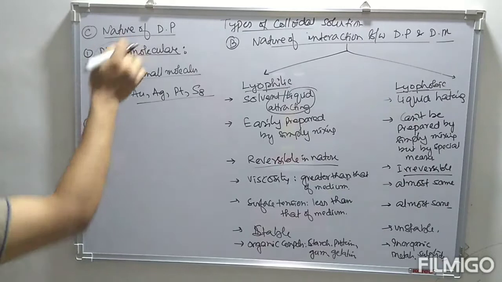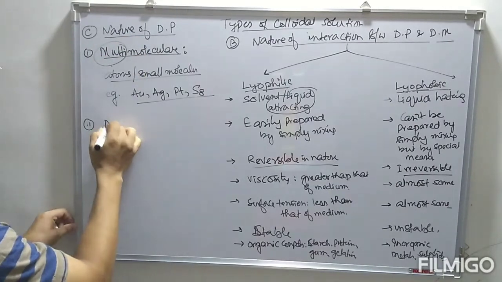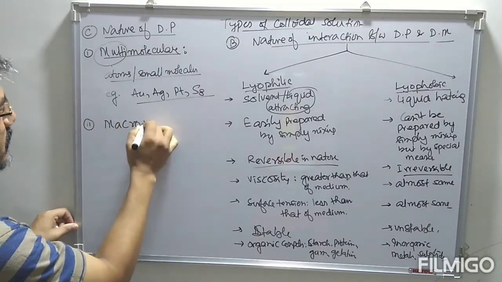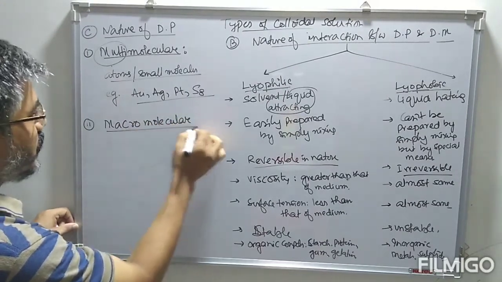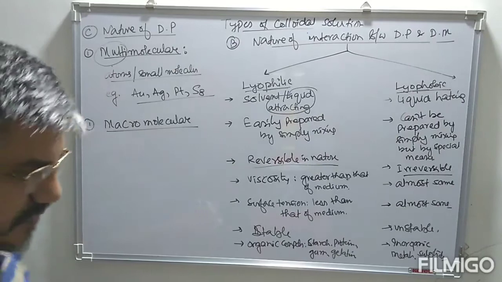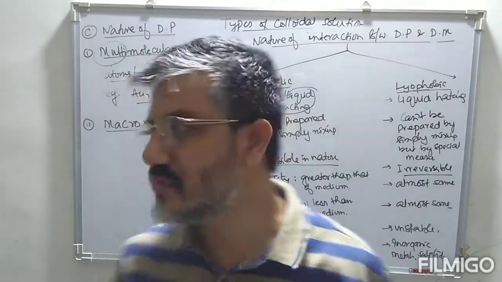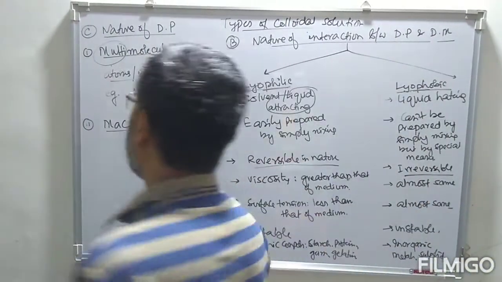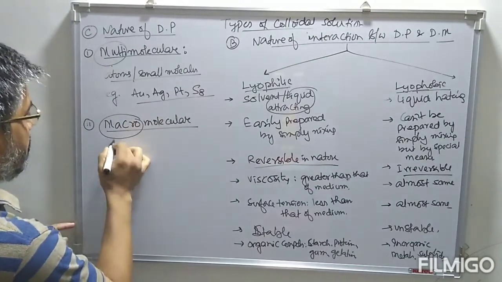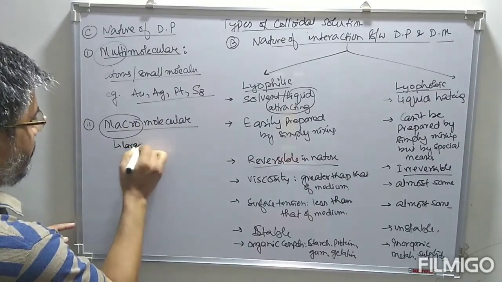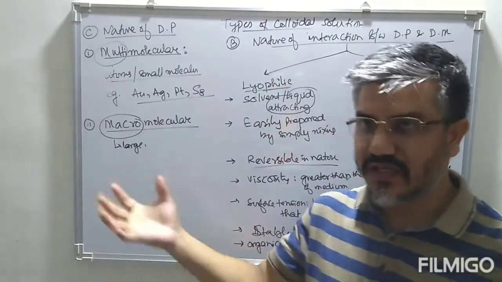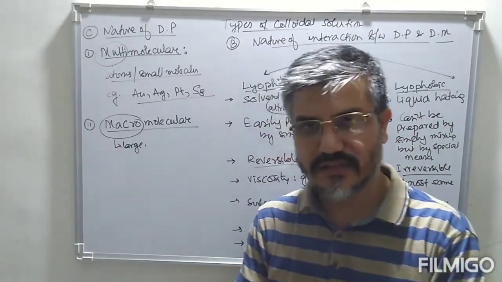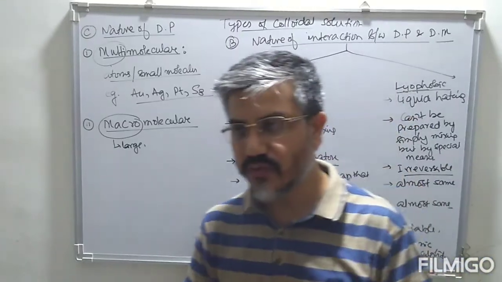Second is macromolecular colloidal solution. As the name suggests, macro stands for large. So in this second category, we have larger size particles having high molecular mass.